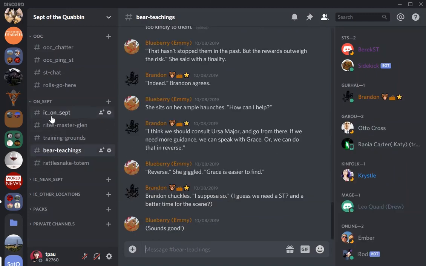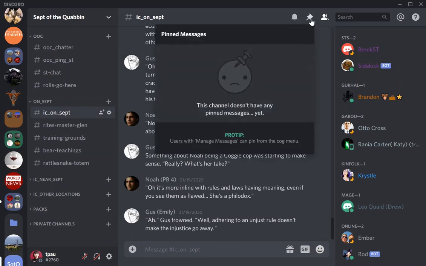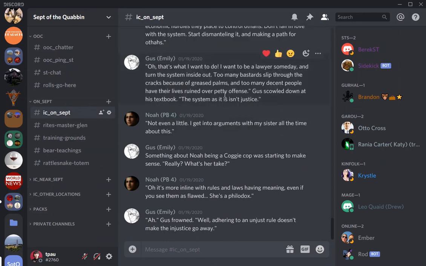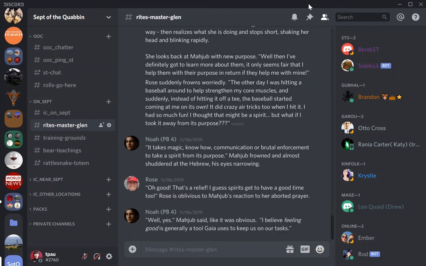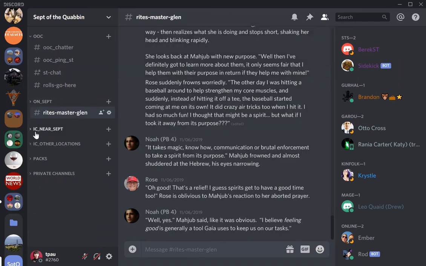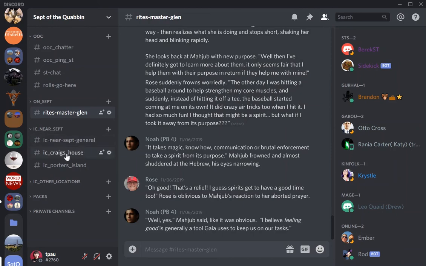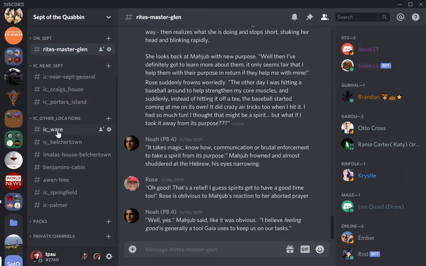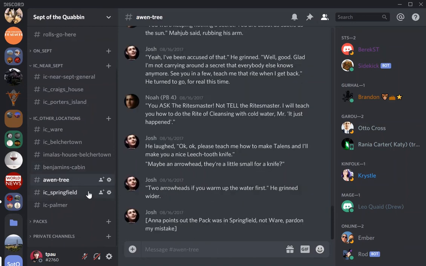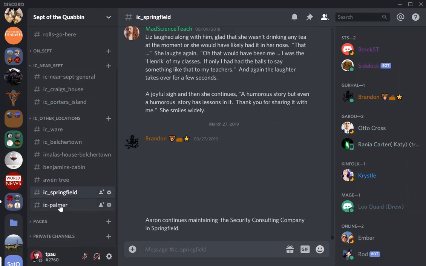One of the things you can do is pin some descriptions of locations, which I totally did not do here, but you can. And then I have some other locations near the sept, this person's house, this person's island. So in our game, this is one town, another town, somebody's house, somebody's cabin, a store, and different places are obviously in different places.